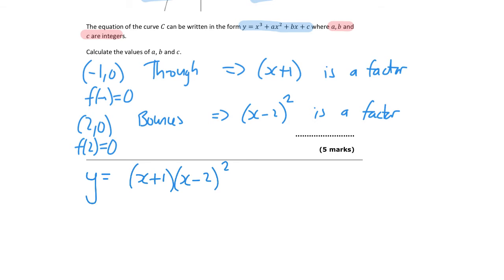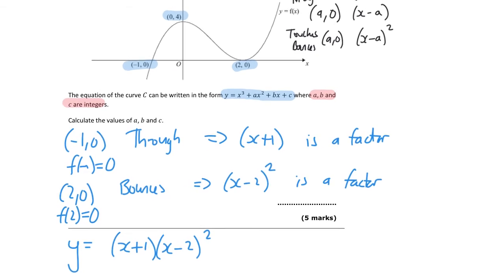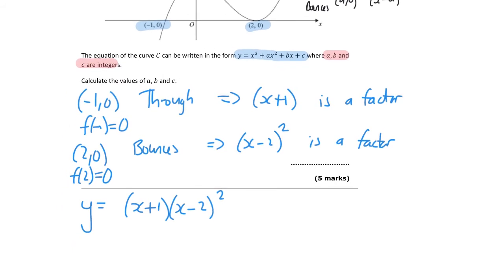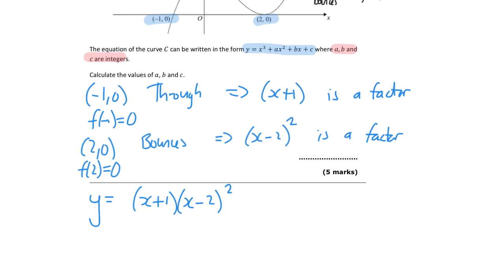Normally we would have some kind of coefficient k at the front, because it might not be x cubed, but for this question it tells me it is x cubed, so I don't need to worry about that k. For other questions like this, you'd put the k there and use the third point, 0, 4, subbing in x is 0, y is 4 to work out what k is. In fact, I might leave the k in just to show you.